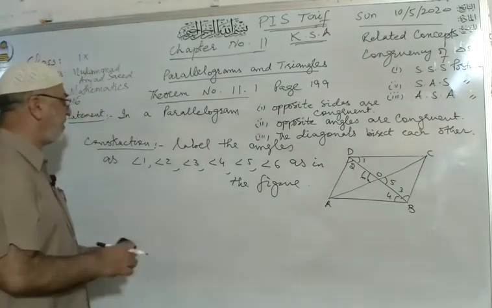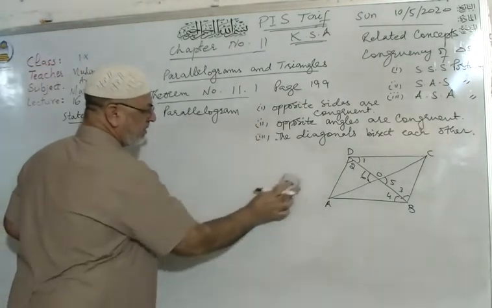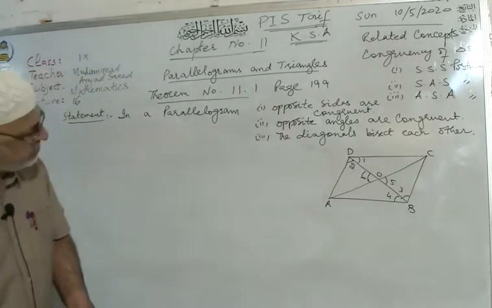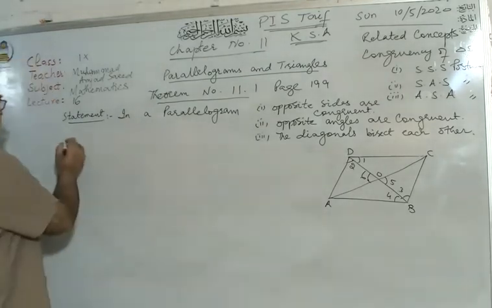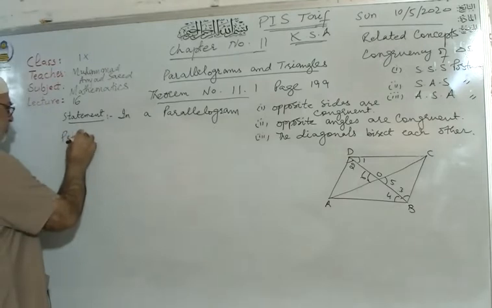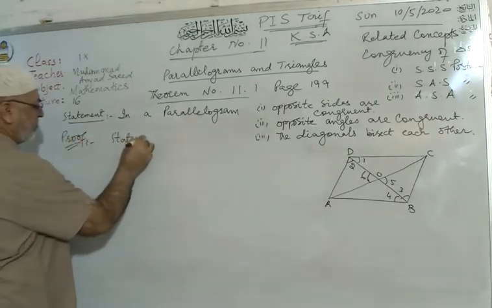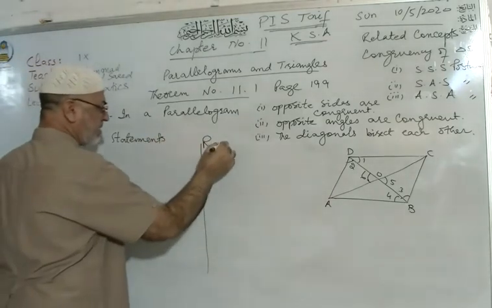After that, the main body of the theorem is the proof, the most important part of your theorem. Proof: statements and reasons.